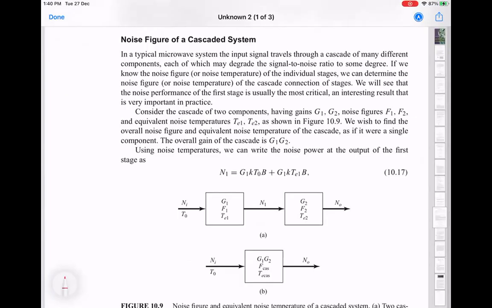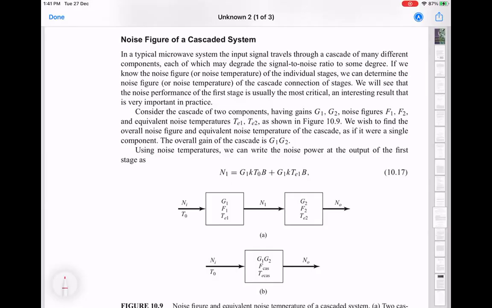This is very important because often in any experimental setup, you might have many amplifiers of different types. It's easy to see that the total gain of the combined system is just the sum of all the gains in log units, or the product of all the gains.